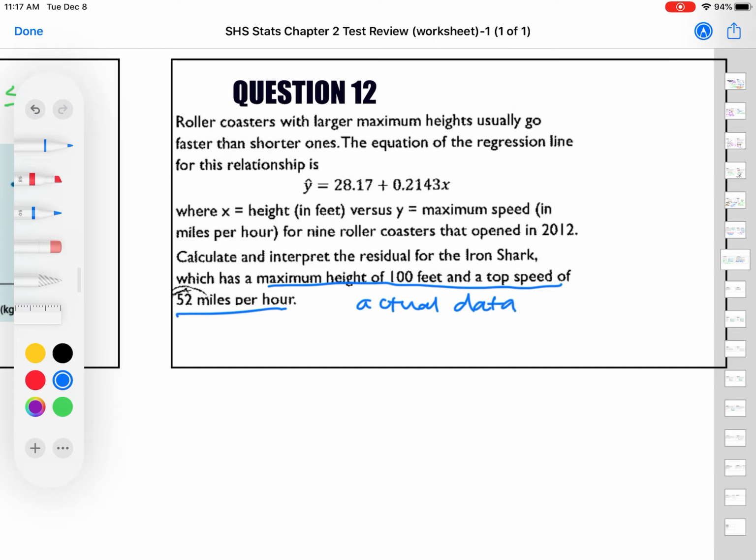So if I just take the predicted, I'm first going to calculate the predicted. What would the calculated predicted for the Iron Shark be if X is height? So X is going to be 100.